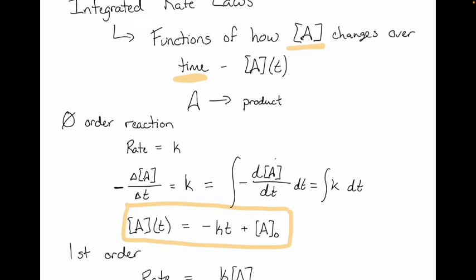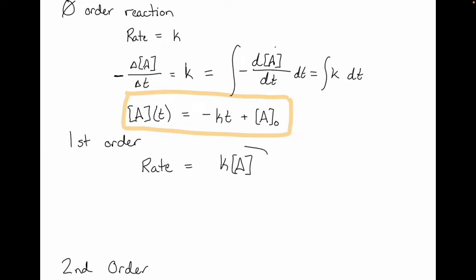It's because we had this generalized expression, rate equals k times A to the power of its order. So all I'm doing is plugging in 0 for that order. That's how I got this expression here. Now I'm plugging in 1 into that expression. That's how I get this thing here. All right, just to be clear how I'm getting these.